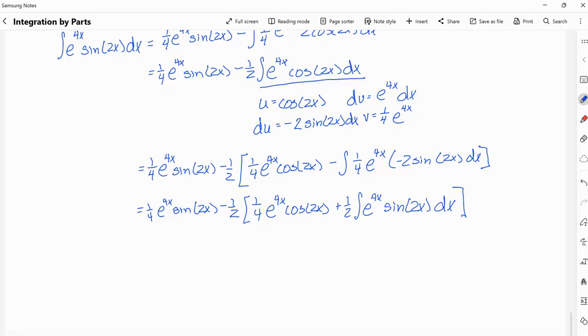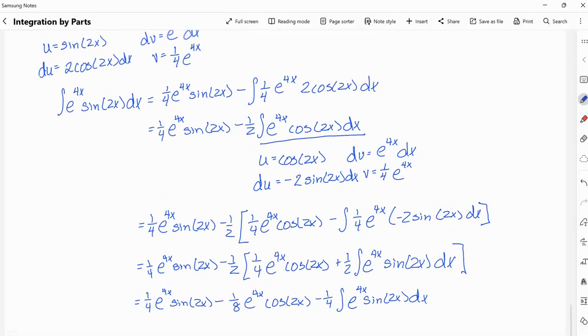So let's distribute. So I've got 1/4 e to the 4x sine of 2x minus 1/8 e to the 4x cosine of 2x minus 1/4 times the integral of e to the 4x sine of 2x dx. So check this out.